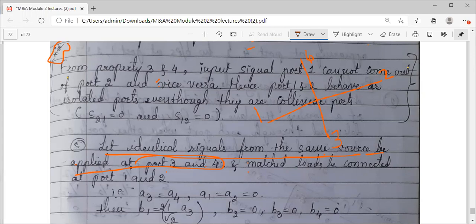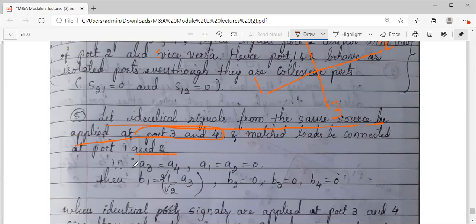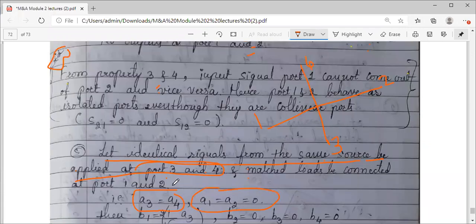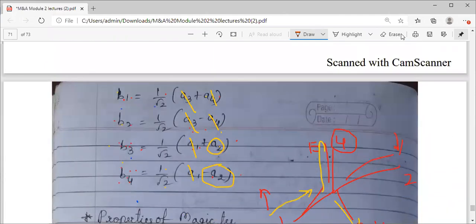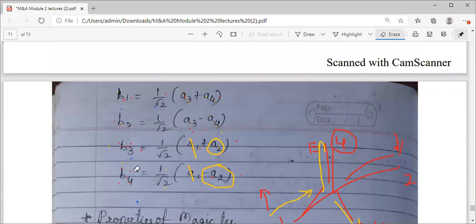I'm applying 2 identical signals in port 3 and 4. Port 1 and 2 are matched. So A3 and A4, the identical signals at port 3 and port 4, are equal. The remaining 2 are perfectly matched, so both are 0. If I substitute these values in the equation, A1 and A2 are 0, and A3 and A4 are equal.